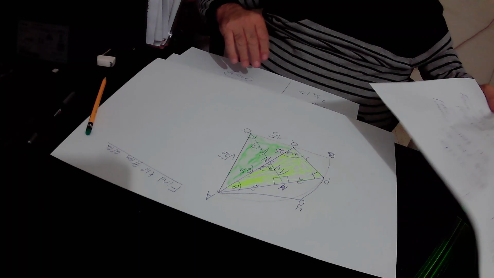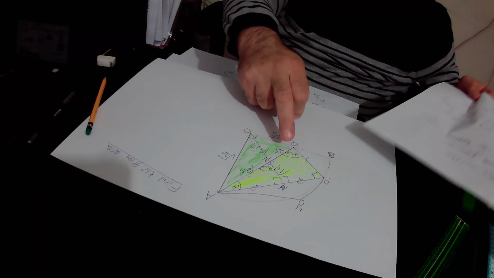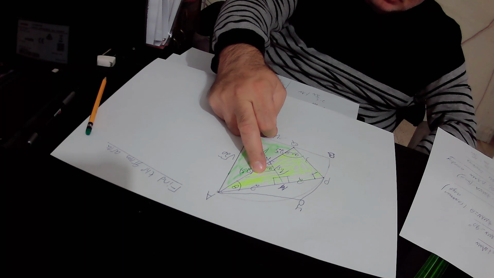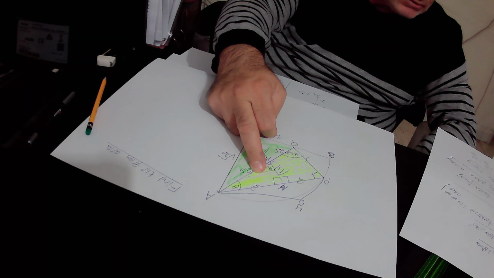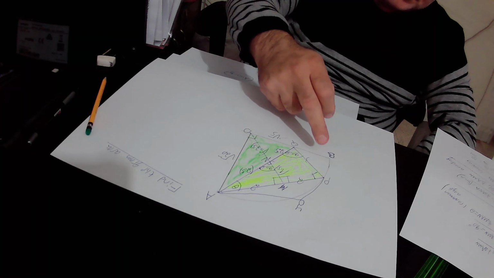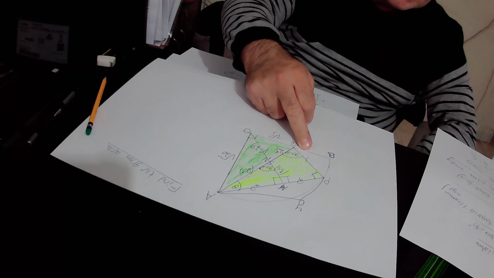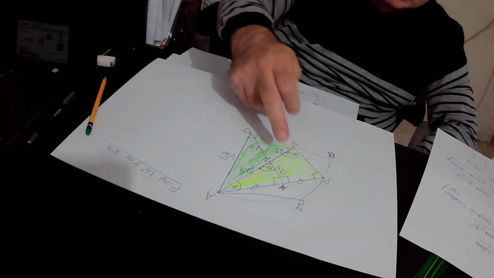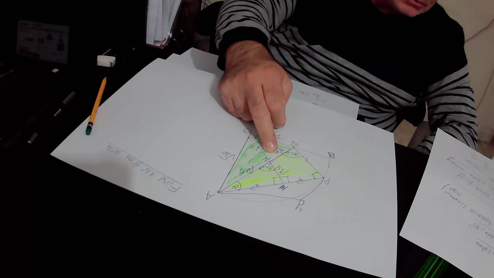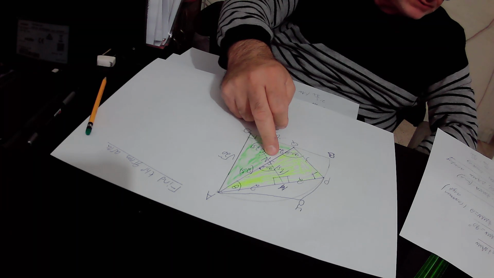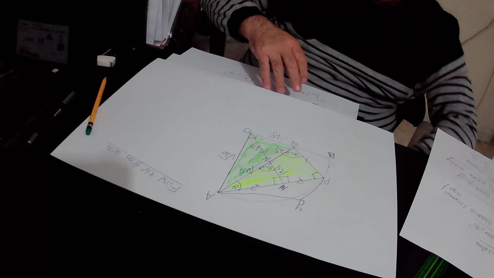AP equals 4, therefore we substitute AP by 4, AM equals 2, we substitute AM by 2, and it is equal to PQ, PQ is 3, we substitute PQ by 3, over MN. MN is unknown, so we leave it as it is, and it is equal to AQ, that is 5, over AN, that is unknown.